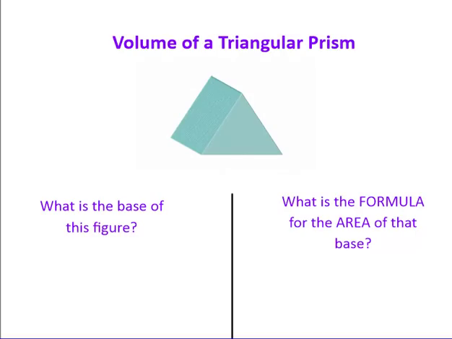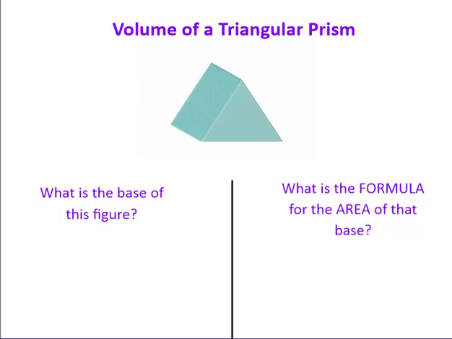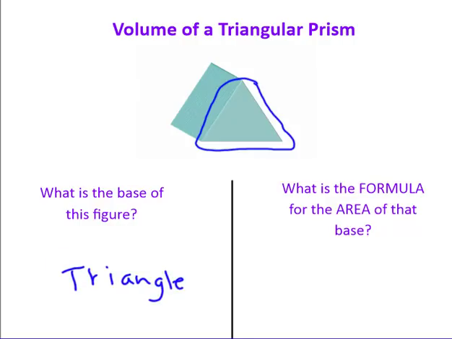All right, let's take a look at the triangular prism. So here we have a triangular prism. What is the base of this figure? Well, the base of this figure is going to be the triangle. Now, what's the formula for the area of that base?